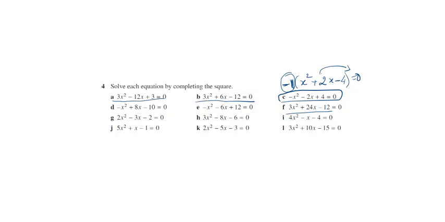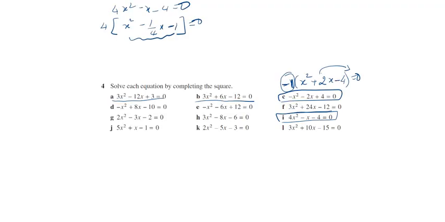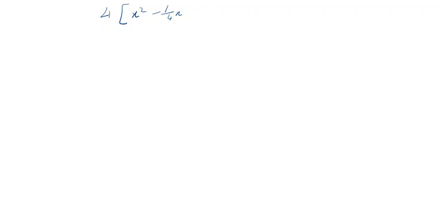But if you look at question I, you have 4x squared minus x minus 4 is equal to 0. When I'm completing the square, I have to make this a monic and then complete the square for that. So it is 4 into x squared minus 1 by 4x, minus 1 is equal to 0.